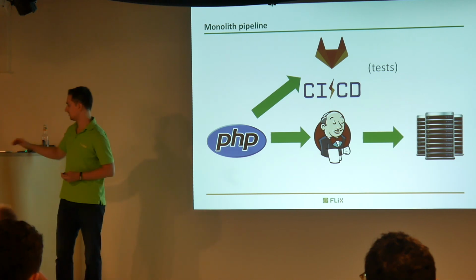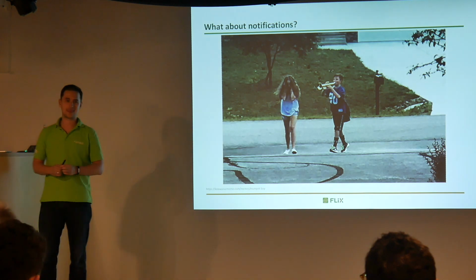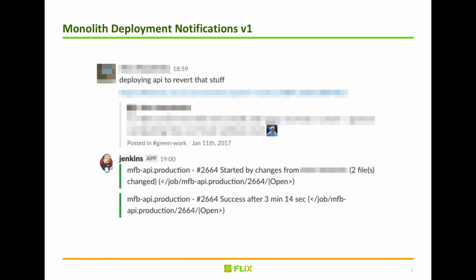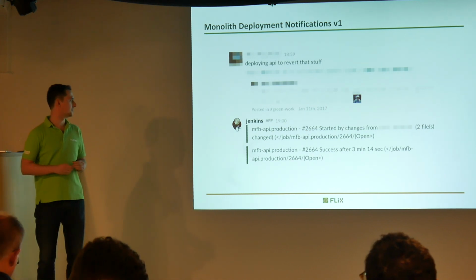But this talk is about notifications. So what about deployment notifications? First of all, everyone who deploys the monolith has to write in a Slack channel, "Green work, hey, I'm going to deploy this application to push these updates."